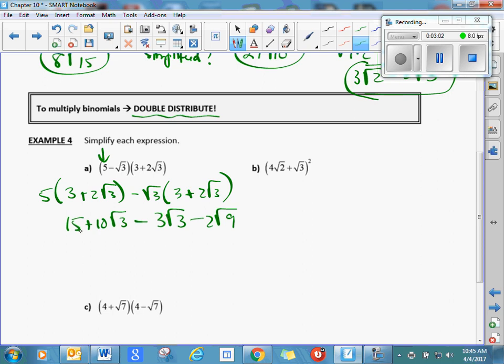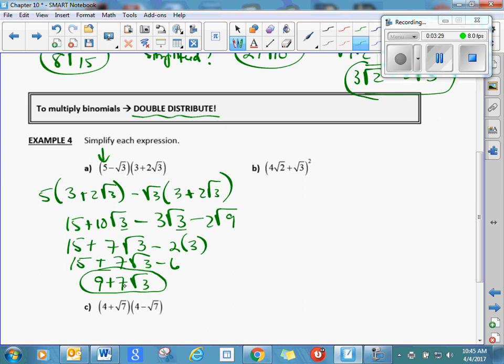Now we can clean this up. We've got 15, and then we've got radical 3s and radical 3s. So if I have 10 and I take 3 away, I have 7 of them left, and minus 2, and radical 9 is 3. So this becomes 15 plus 7 radical 3 minus 6, and of course 15 minus 6 is 9, plus 7 radical 3.